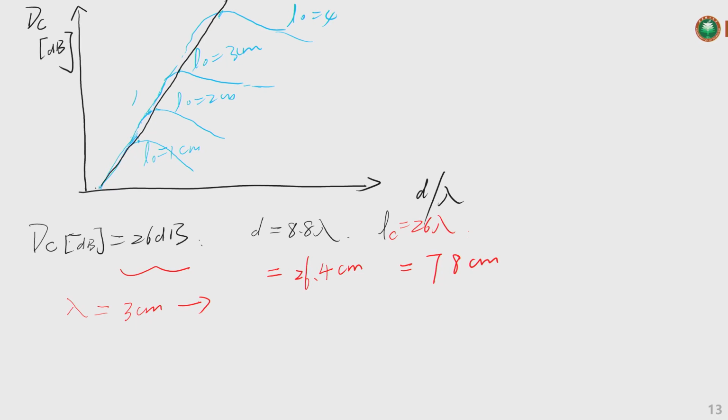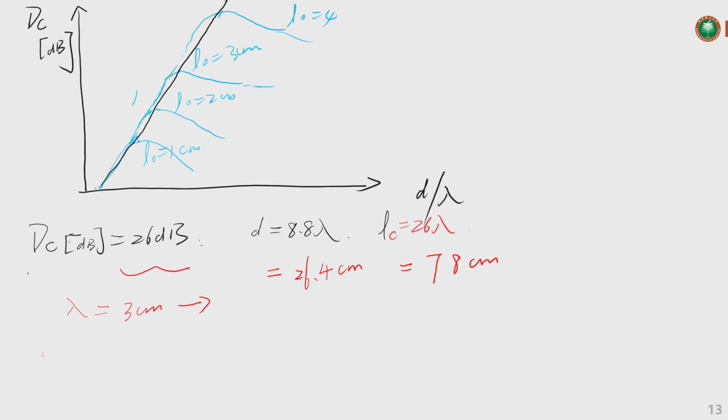So actually what we see is really not so small, it's so large. If we want to reduce the size of the whole antenna but keep the same directivity, what can we do? For commercial antenna components, their size is much smaller than that, because they sacrifice the directivity.